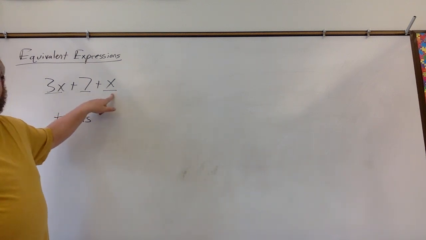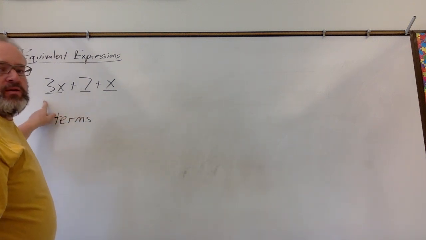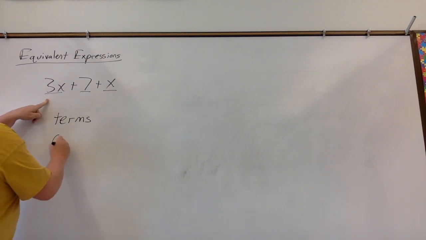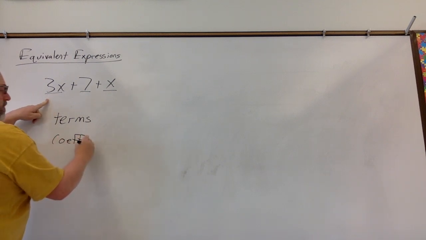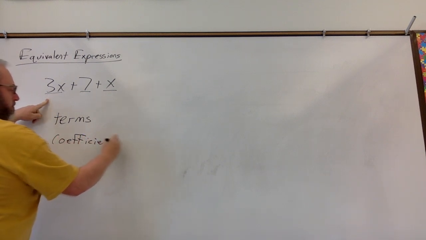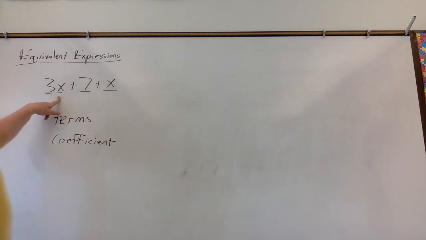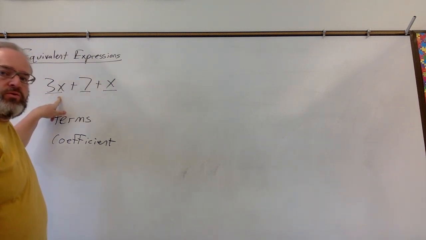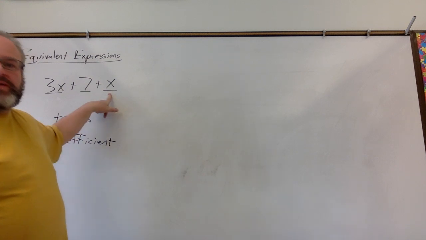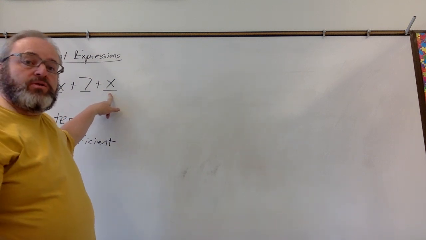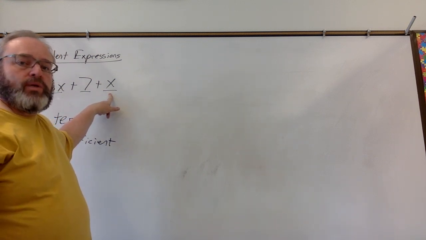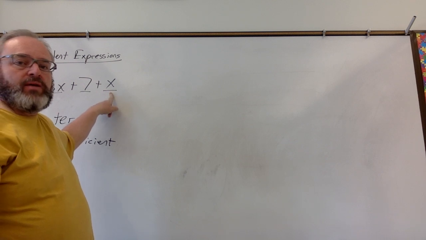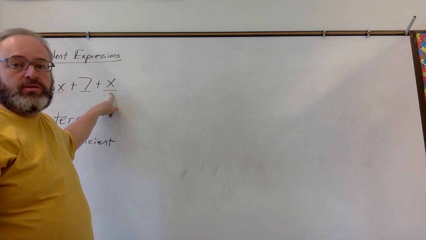Two of them have variables, and the number in front of the variable is called a coefficient. So on this one, the coefficient is 3. On this one that has nothing there, we always assume the coefficient to be 1. So if there's no number in front of an x, we assume there to be 1x.